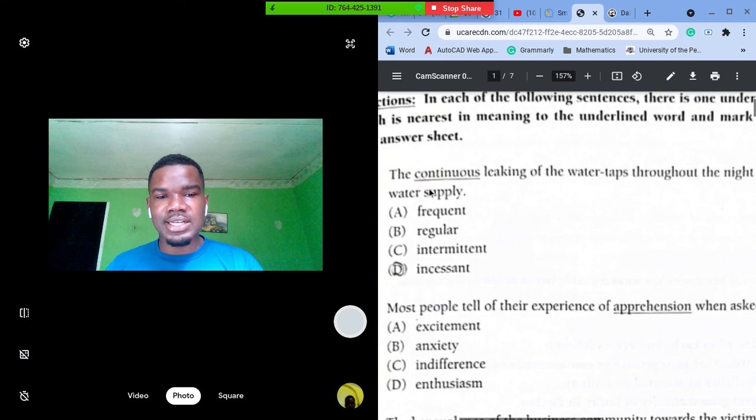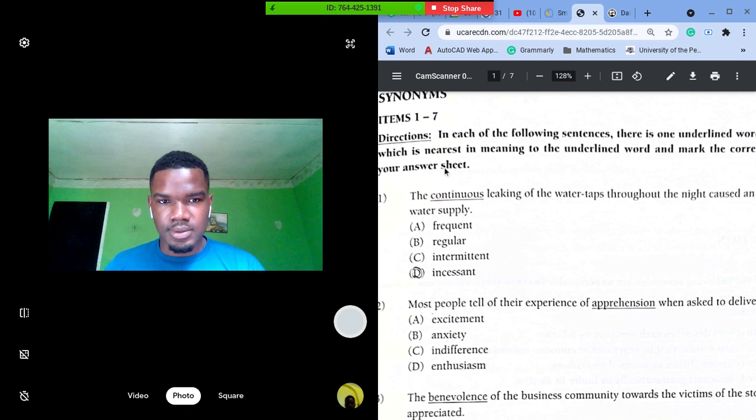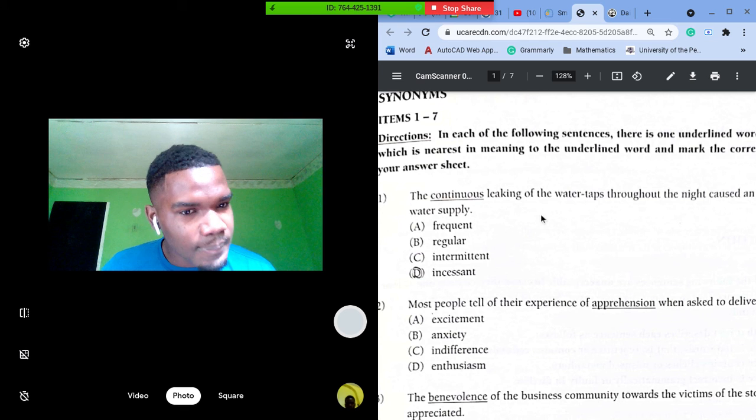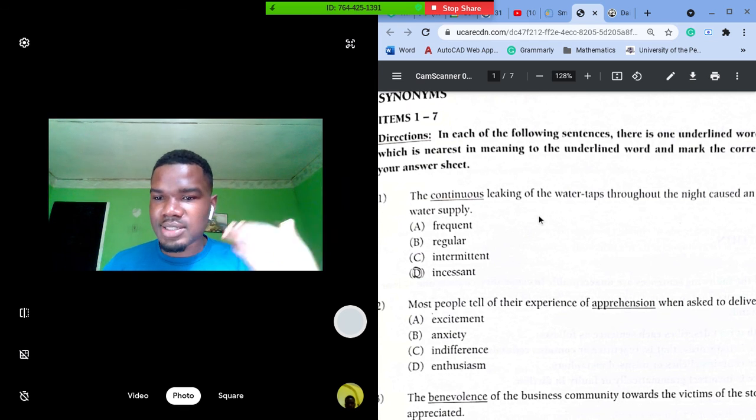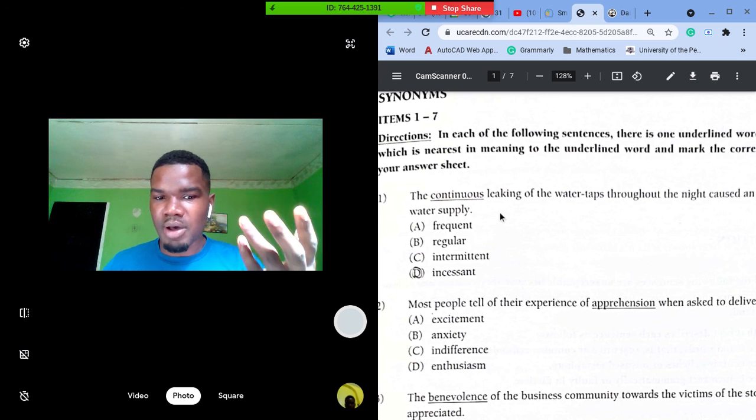What is the context of the word continuous here? Right, it's going on and on. It's non-stop. Like that Drake song. So the best word would be the one that talks about the fact that it's continuously happening and it's almost like it's bothering you.